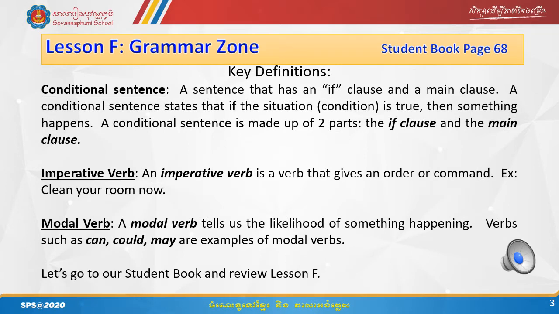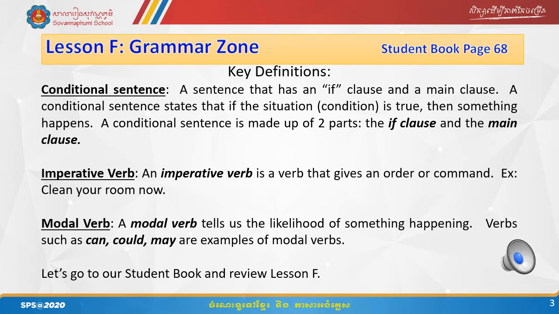Here are a few of the key definitions, key terms that we will be working with in this lesson. To begin with, conditional sentence, a sentence that has an if clause and a main clause. A conditional sentence states that if the situation, the condition, is true, then something happens.